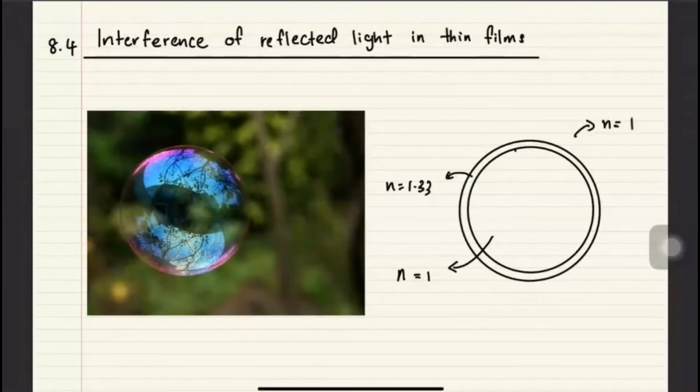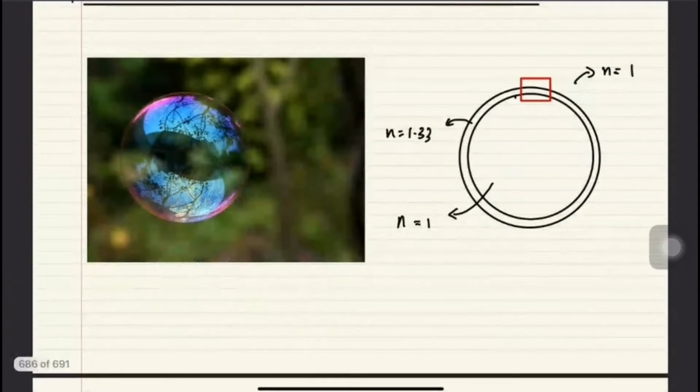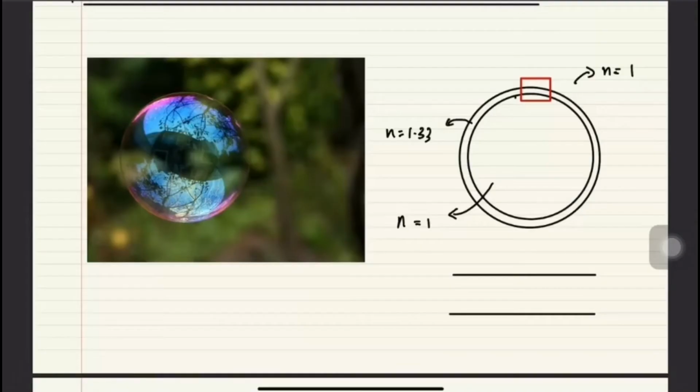So in this chapter, we focus specifically on this very small part here, like this one. We draw two lines, where the middle part is actually your thin layer.